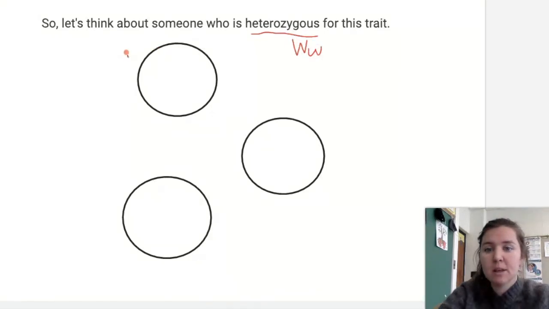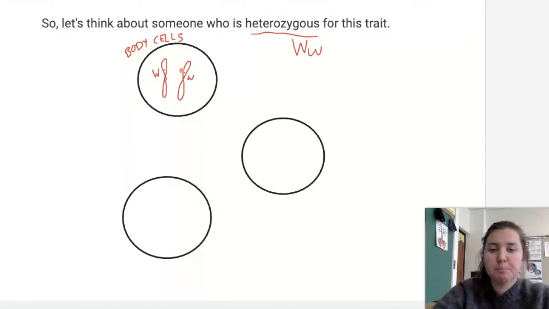So in their body cells, this homologous pair, one of these would have the dominant allele, the other one would have the recessive allele on it. They got one from mom, one from dad. Then, in the cell cycle, that DNA is going to be copied.